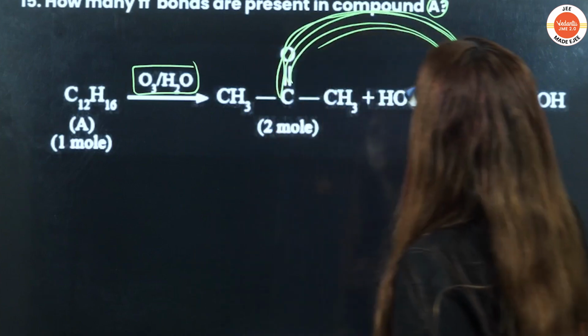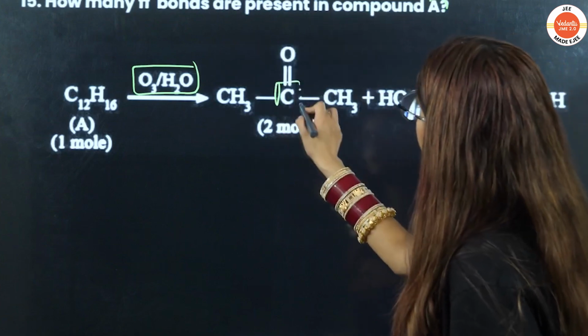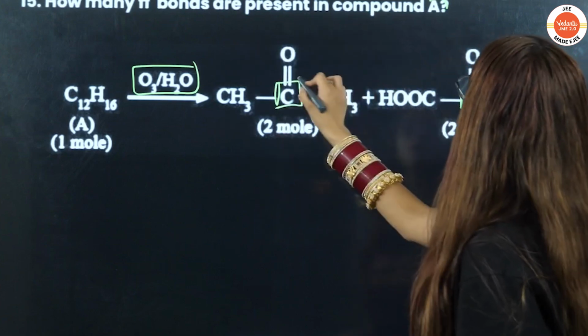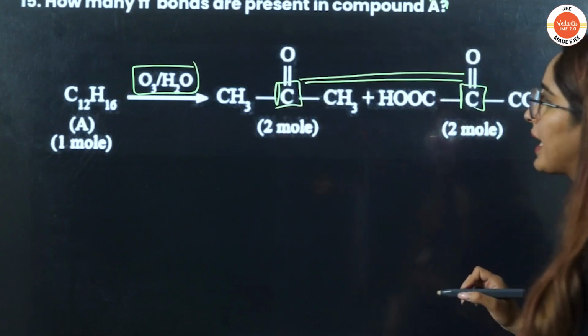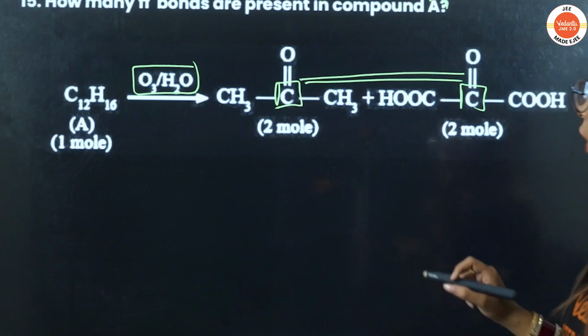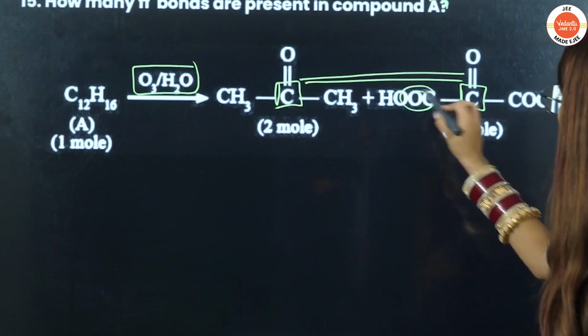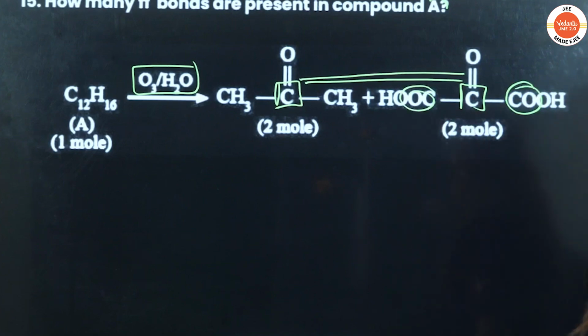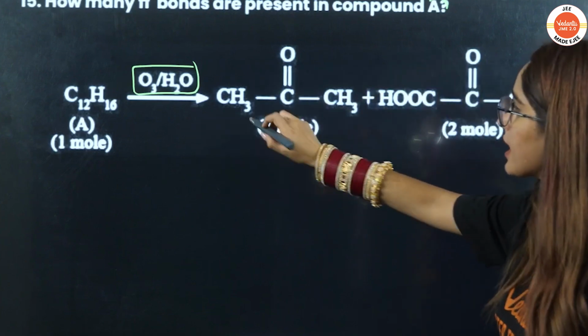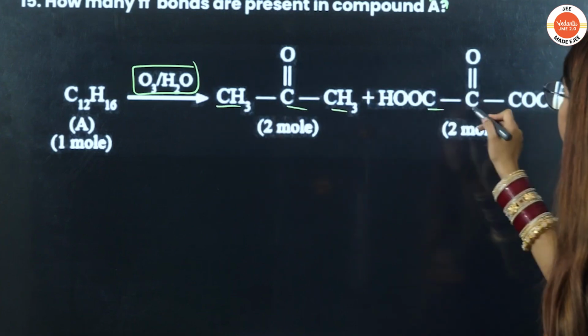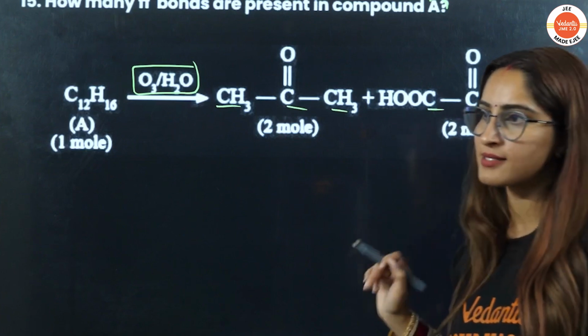That means there must be a double bond between this carbon and this carbon, which has made this new thing. Already there is a double bond here. Already there is a double bond here. Okay? Now, as you can see, here it is 1, 2, 3, 4, 5, 6. Total only 6 carbons.